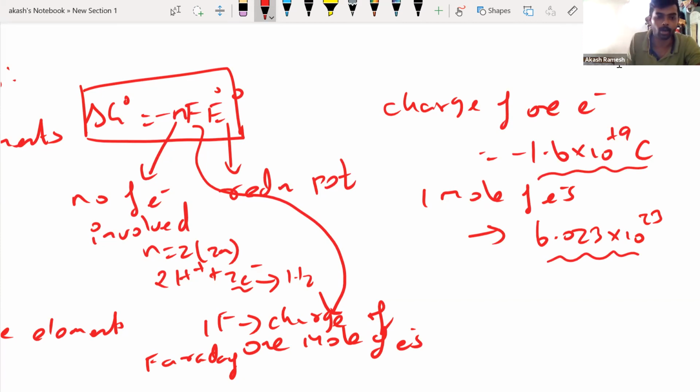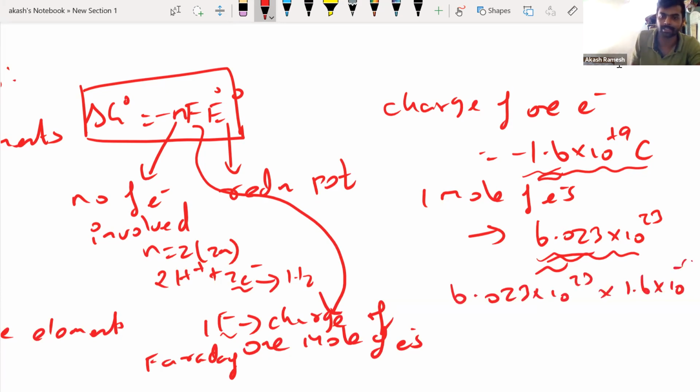So how do you define 1 Faraday as the charge of 1 mole of electrons? The total charge that 1 mole of electrons has is 1 Faraday. So you have to multiply this value and this value. This is the charge of one electron, and this is the number of electrons. So 6.023 into 10 to the power 23 into 1.6 into 10 to the power minus 19.